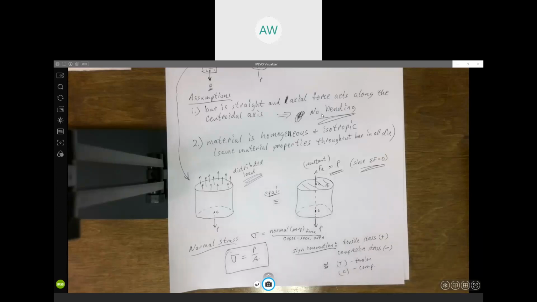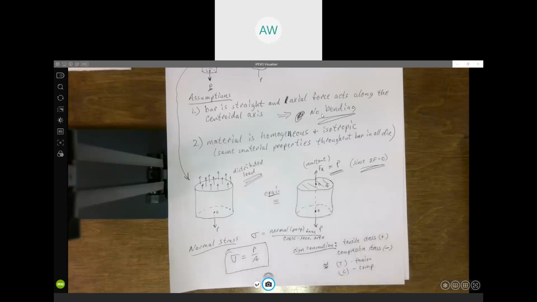Another one, a little bit new, that you may not have seen or heard before, is there are some materials out there that behave differently in tension or compression. Now, most metals, certainly most all steels, if you got a steel bar, the material is going to fail at the same stress whether it's tension or compression.